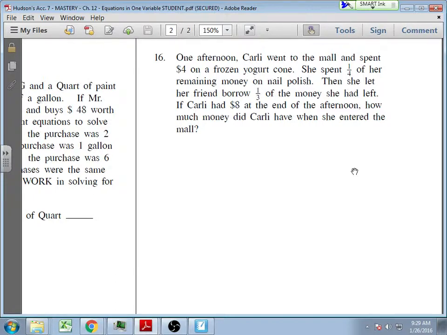So we don't know what she starts with, but building this is not as bad as you think. If you think about the money she has left equaling $8, the left side of my equation is going to have to be the money she has left. Well, in the beginning, she has X. She then spends $4 on frozen yogurt. So that happened.